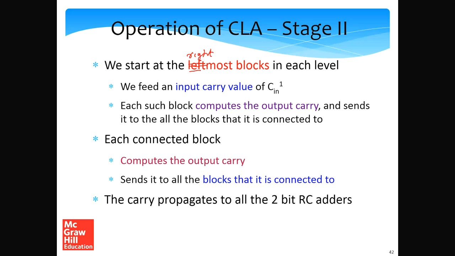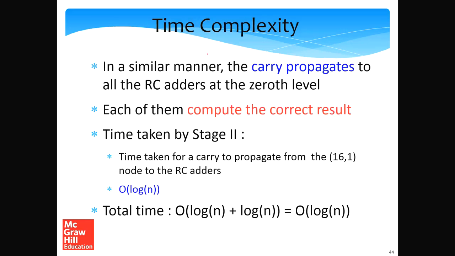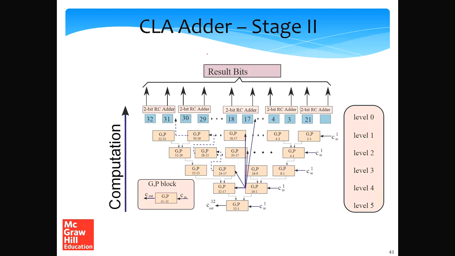And then we feed it an input carry of C in 1. So then each block will compute the output carry and send it to all the blocks it's connected to till it reaches the ripple carry adders. And so basically this is again the same diagram shown once again just to reinforce the facts of how this is done.